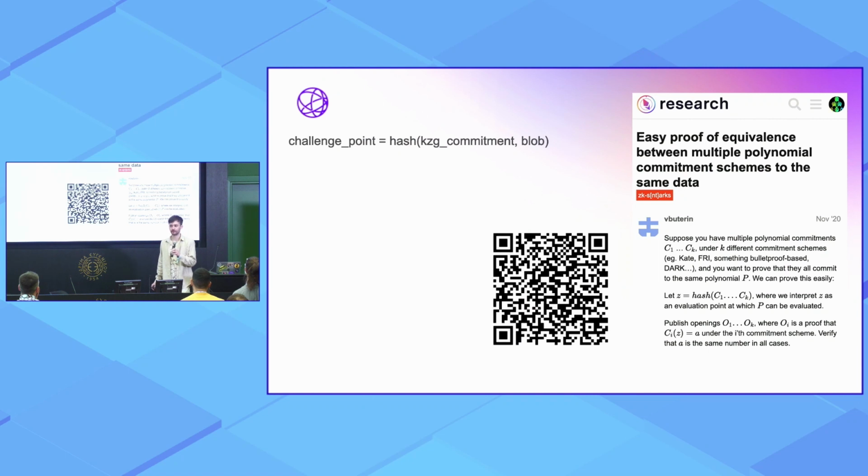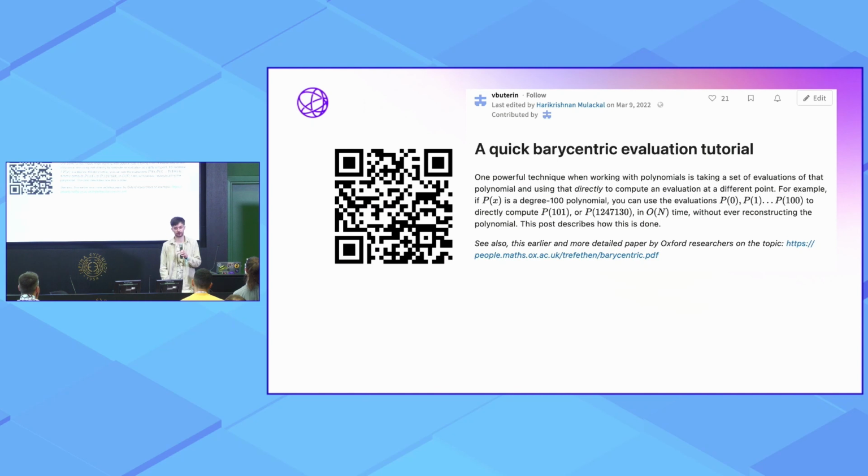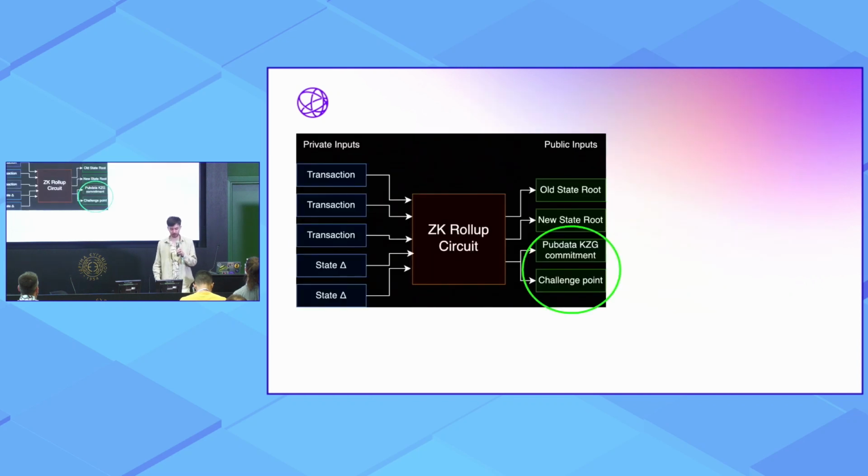And the general idea is you'll put the KZG commitment in as a public input, and then you'll verify it with this clever non-deterministic Fiat-Shamir trick, where you compute a challenge point by hashing the blob with its KZG commitment, and then you take the blob and you interpret it as a polynomial in evaluation form, and then you use the barycentric formula to evaluate the blob's corresponding polynomial at this challenge point. And then you take the challenge point and you also add that as a public input.